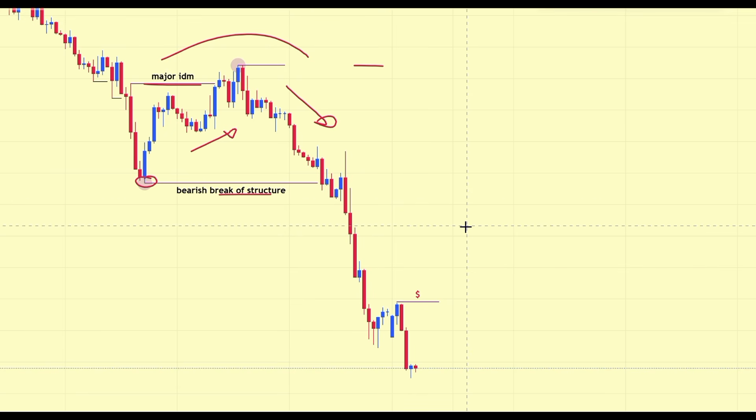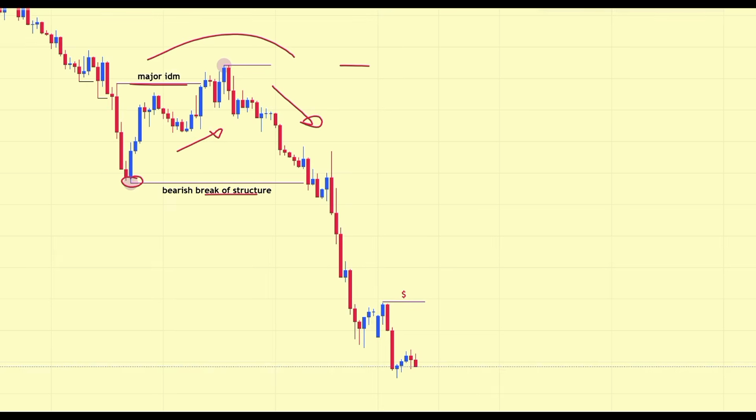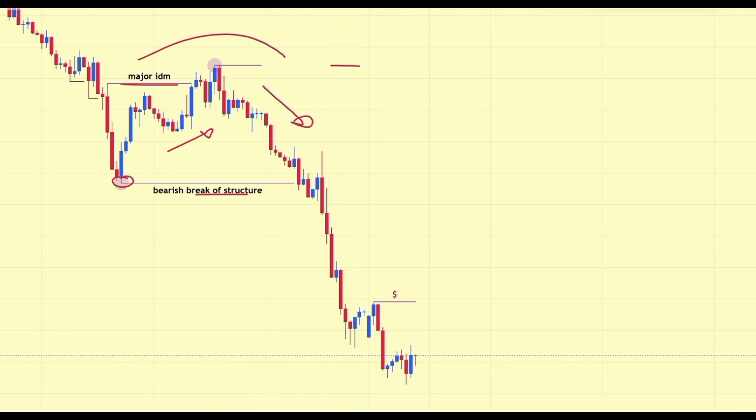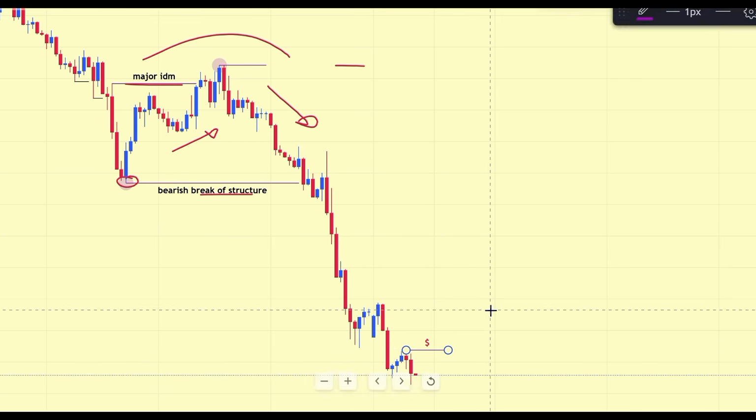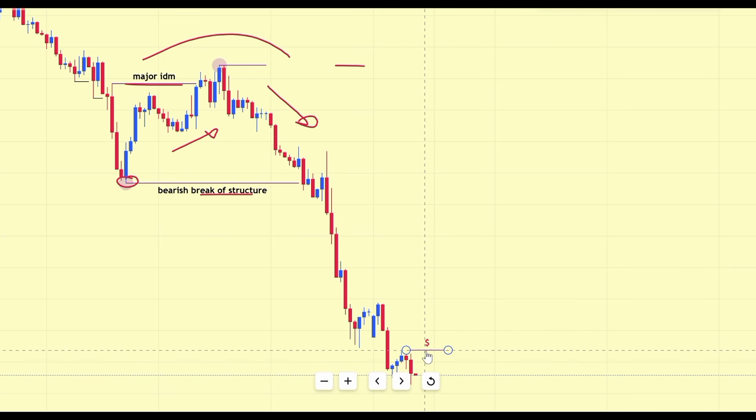So right now, if price creates another valid pullback without taking out this one, then we will be shifting also to the next. And exactly right here, we can clearly see that price created another pullback without actually taking out the initial one. So this means that our major inducement shifts to this one here.